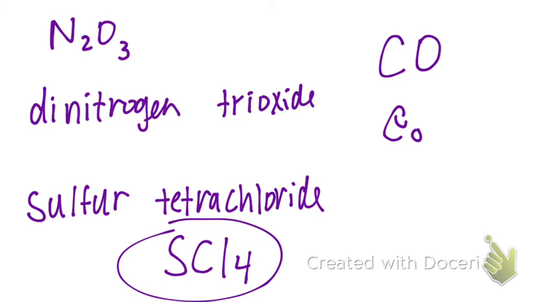But if I was going to name this one listed right here, what would it be? Carbon monoxide. So I'm going to give you one extra little rule here for naming. And this is really just a pronunciation and spelling rule.